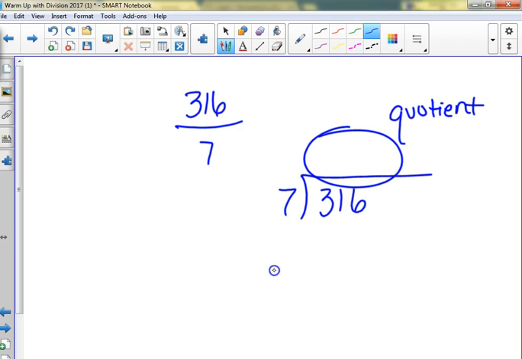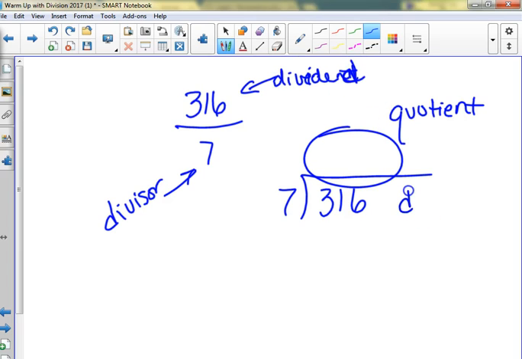Yes, the divisor is what you're dividing by. Good call. And so then this is the dividend.